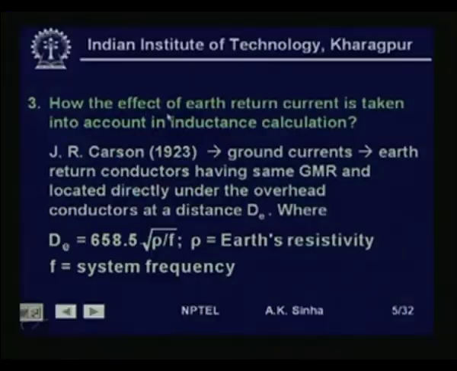The third question was how the effect of earth return current is taken into account in inductance calculation. J.R. Carson, in his paper in 1923, said that the earth return currents can be taken into account by considering earth return conductors.